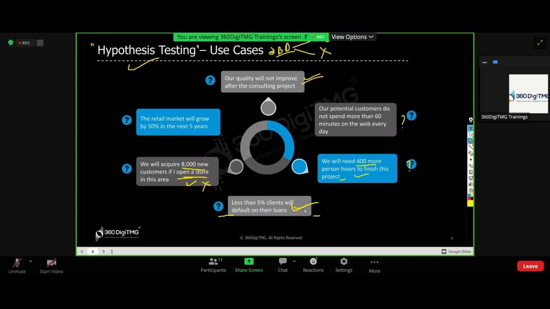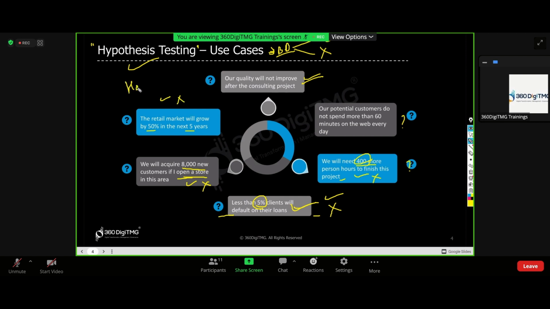If I know that 5% of the clients will default on the loans, should I give them loan or should I not give them loan? Should I hire 400 people or should I not hire 400 people? The retail market will grow by 50% in the next 5 years. So should I invest into the retail business or should I not invest into this business?